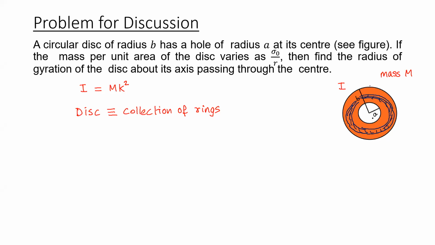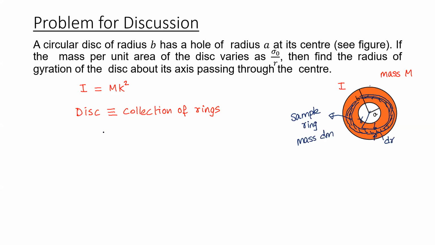I have not drawn it nicely, but the ring is concentric, of radius r, and thickness is dr. You can visualize that, right? Now, this is our sample ring in our integration process. Say the mass of this sample ring is dm.